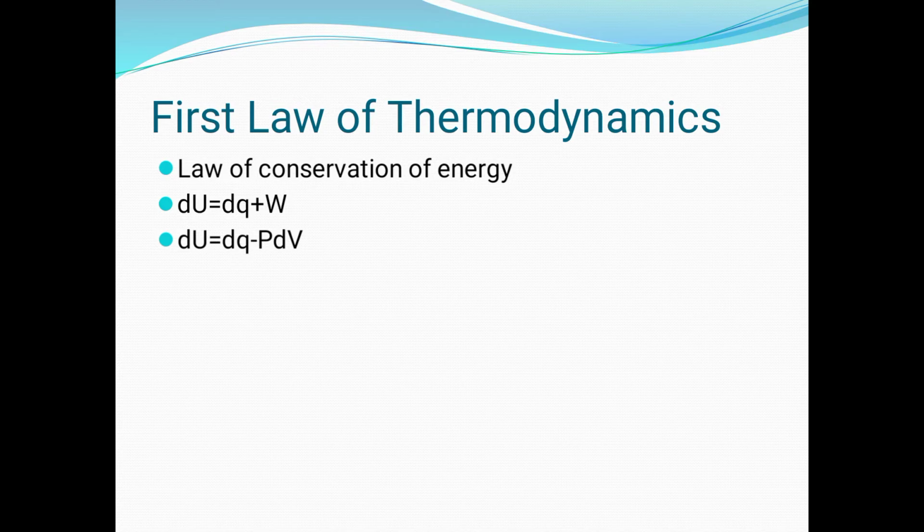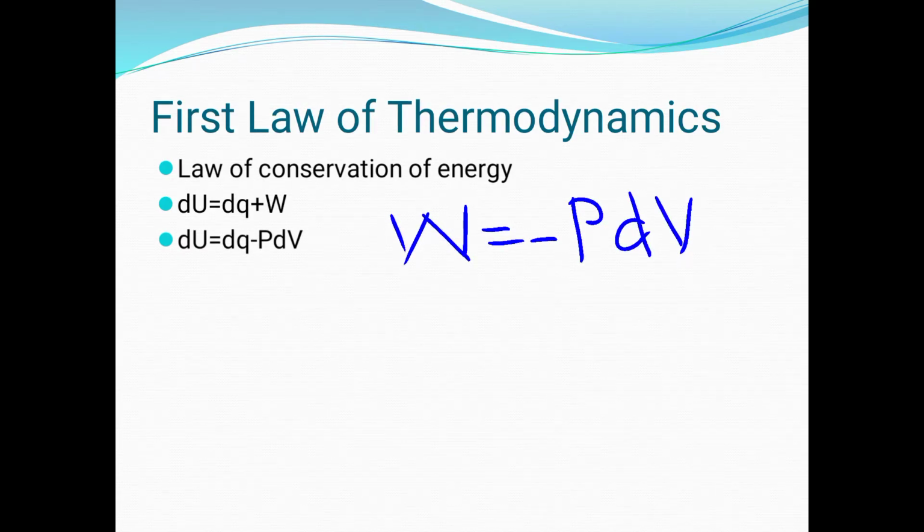So the statement is given this way: dU is equal to dq plus w, and work is given as minus PdV. So in place of w, we put negative PdV. So we get the statement of the first law of thermodynamics as dU is equal to dq minus PdV.